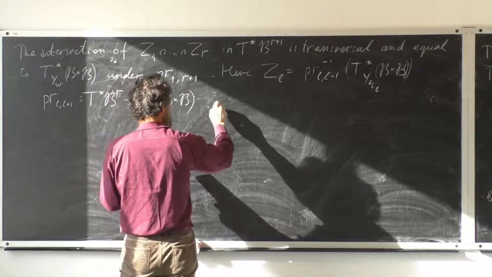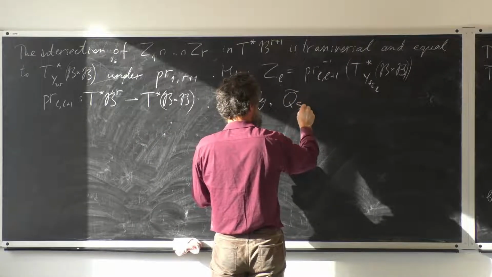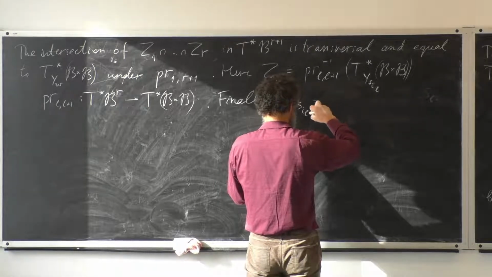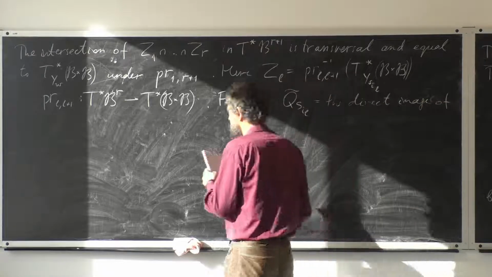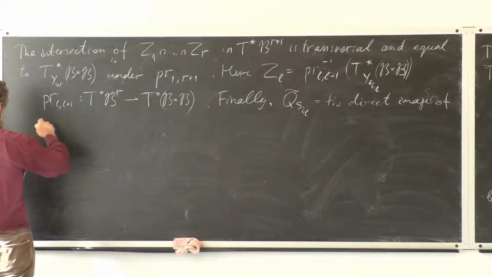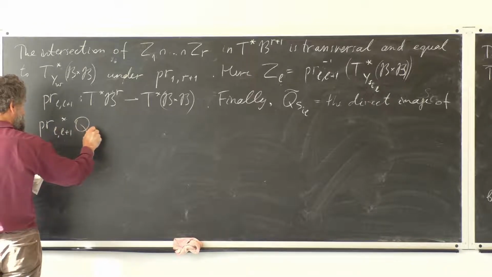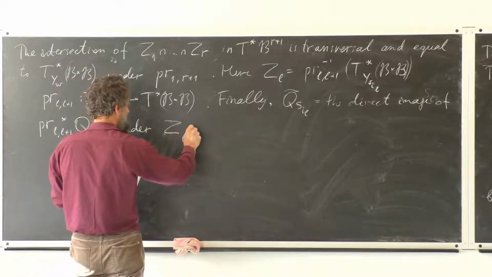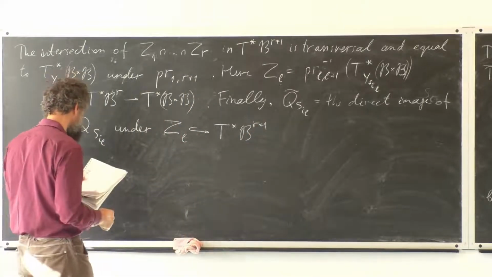And now let Q SIL be the direct image of L under the embedding of L into this cotangent bundle.